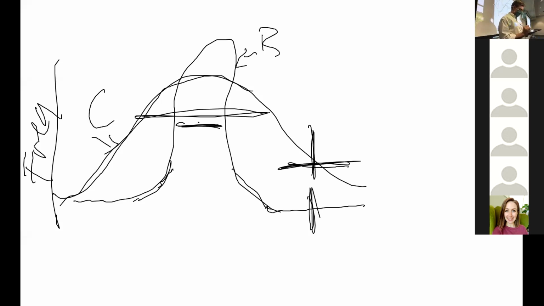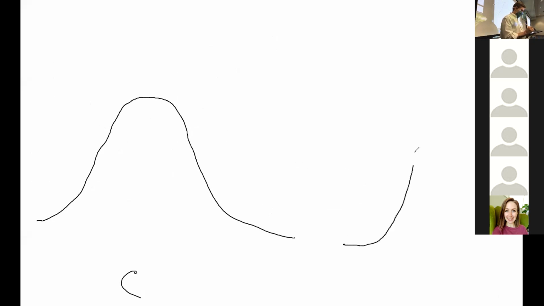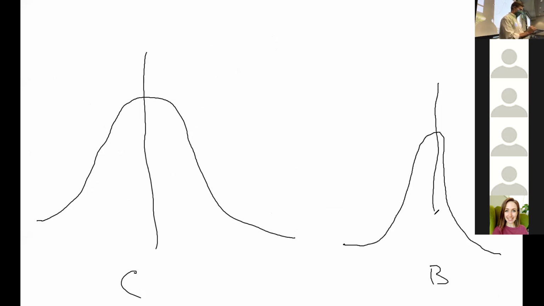I'm going to go ahead and make this again. So you have a distribution for Caribou that we'll say looks like this. This is our Caribou distribution. And you have another distribution that looks like this for Boston. And so you've got your means, and then you have your standard deviations.